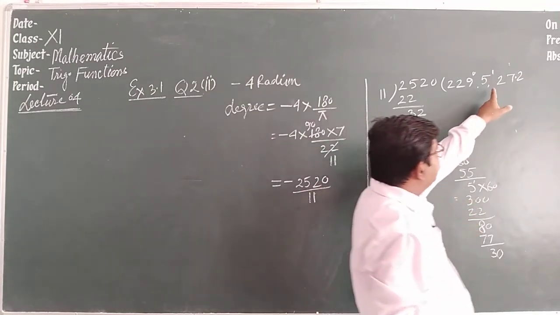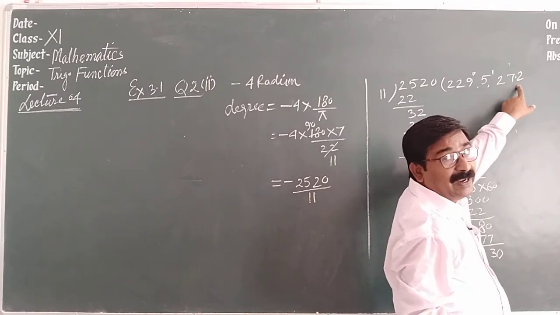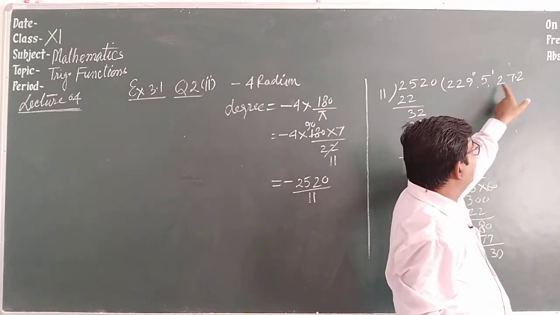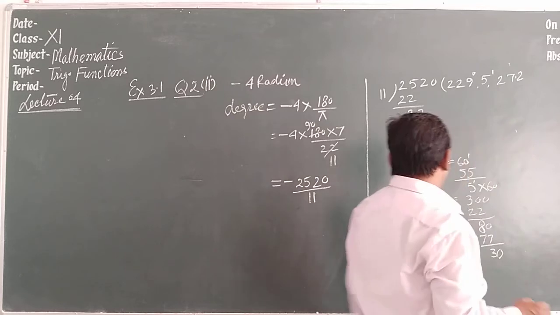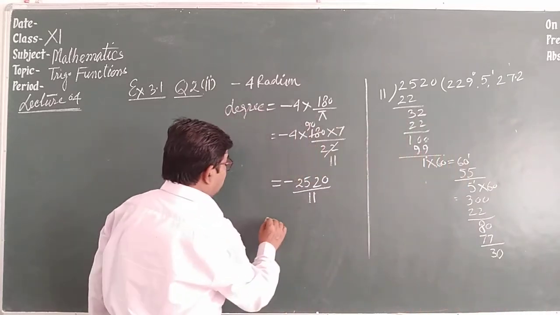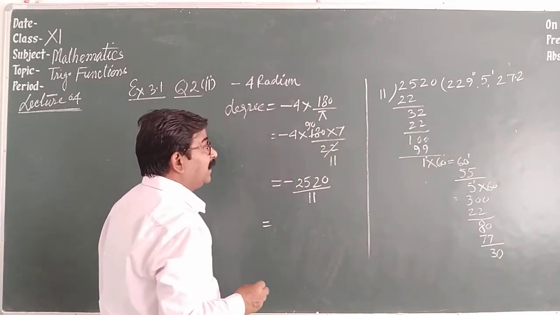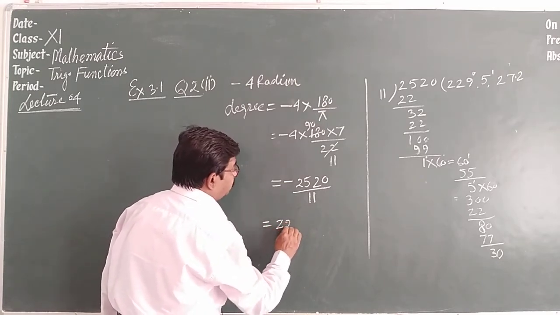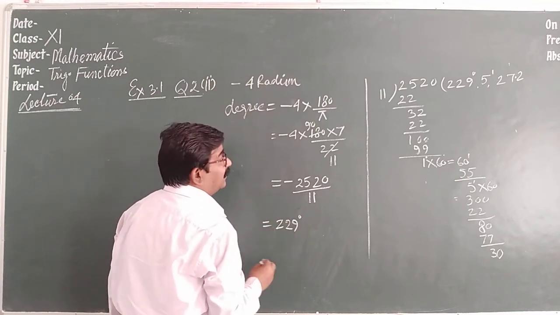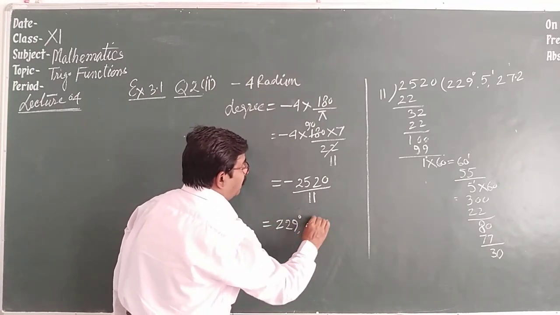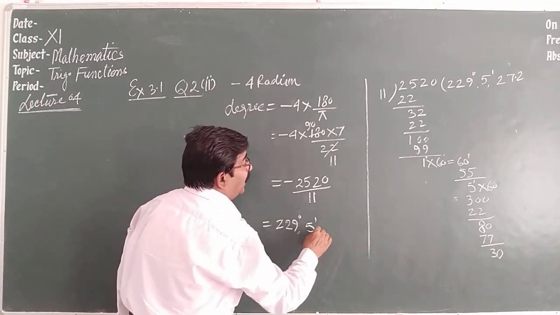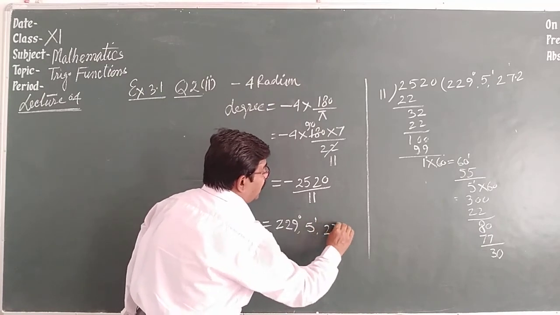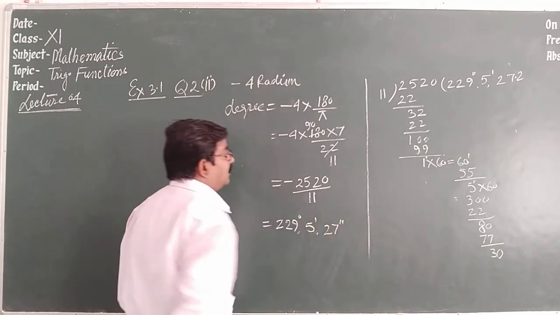If the digit after the decimal is more than 5, it can be rounded up to 28, so it's an approximate answer, not an exact answer. We can say the approximate answer is 229 degrees, 5 minutes and 27 seconds.